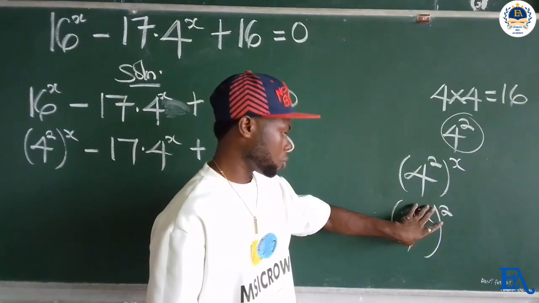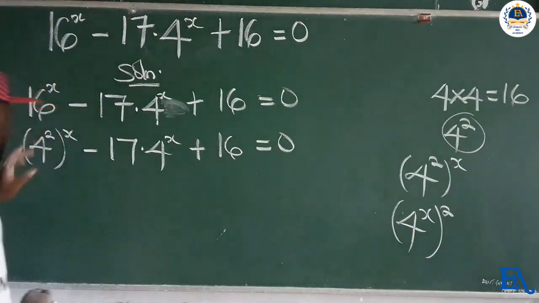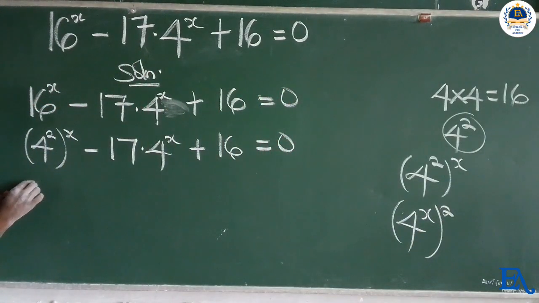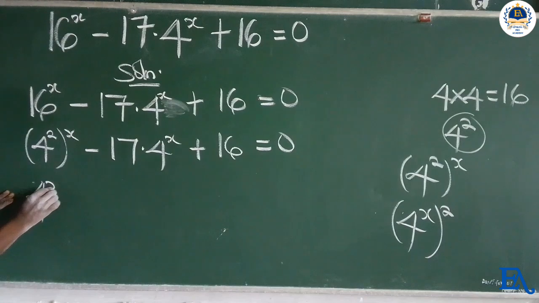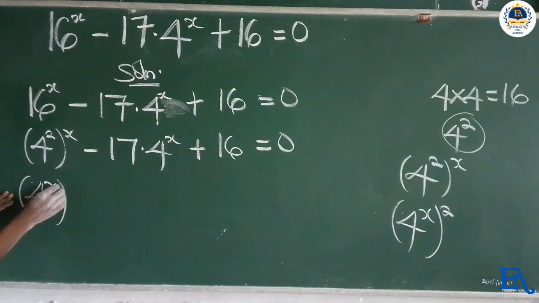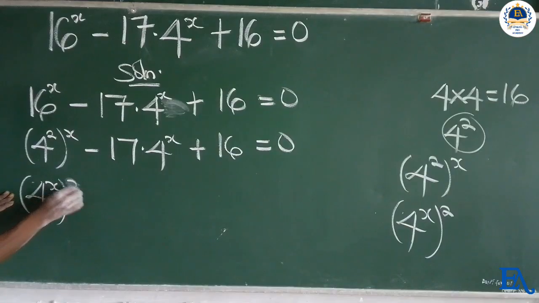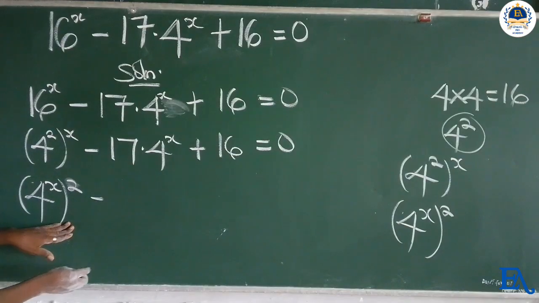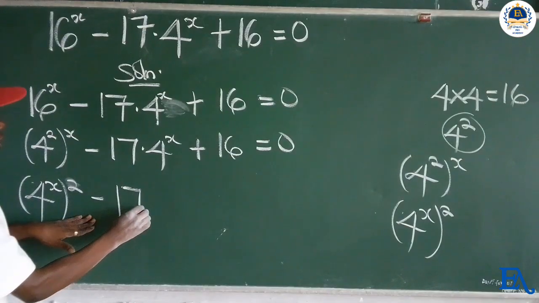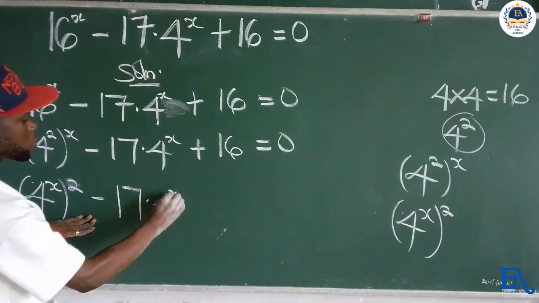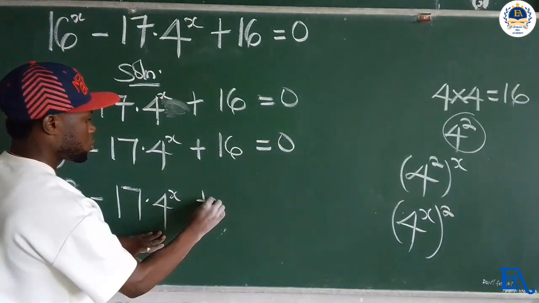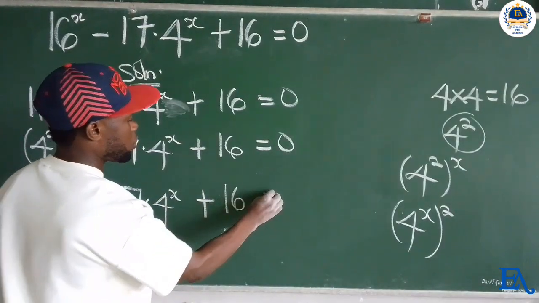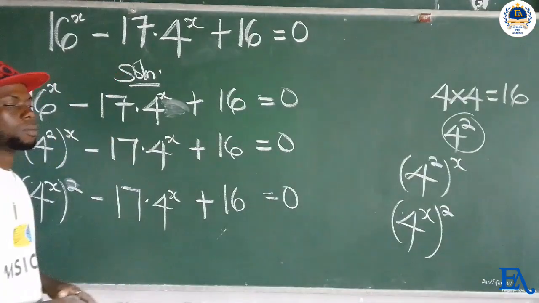Let's bring this substitution over to this place. So this becomes 4 raised to the power of x, raised to the power of 2, minus 17 times 4 raised to the power of x plus 16 equal to 0.